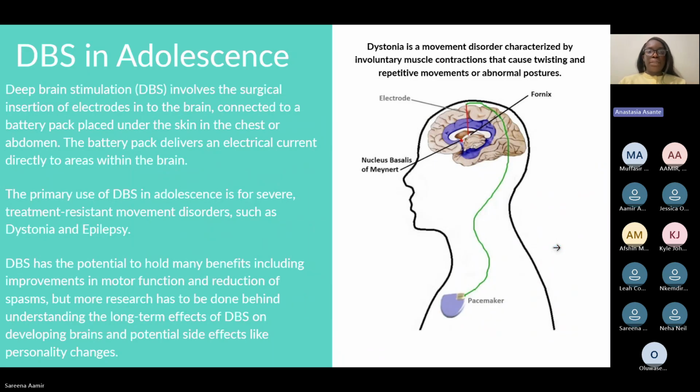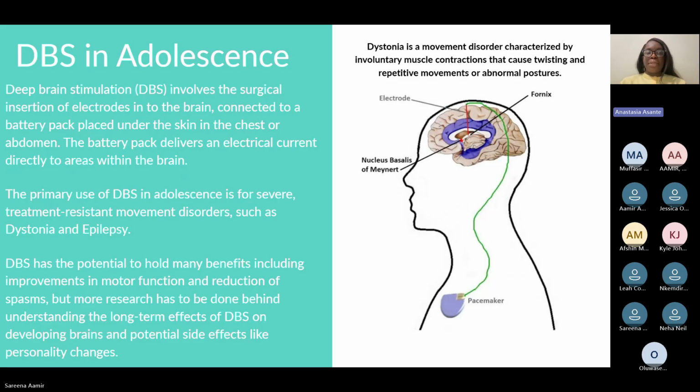So, in terms of DBS in adolescents, DBS stands for deep brain stimulation, and that involves the surgical insertion of electrodes in the brain, as you can see in the image on the right, connected to a battery pack placed under the skin in the chest or the abdomen. The battery pack delivers an electrical current directly to areas within the brain.